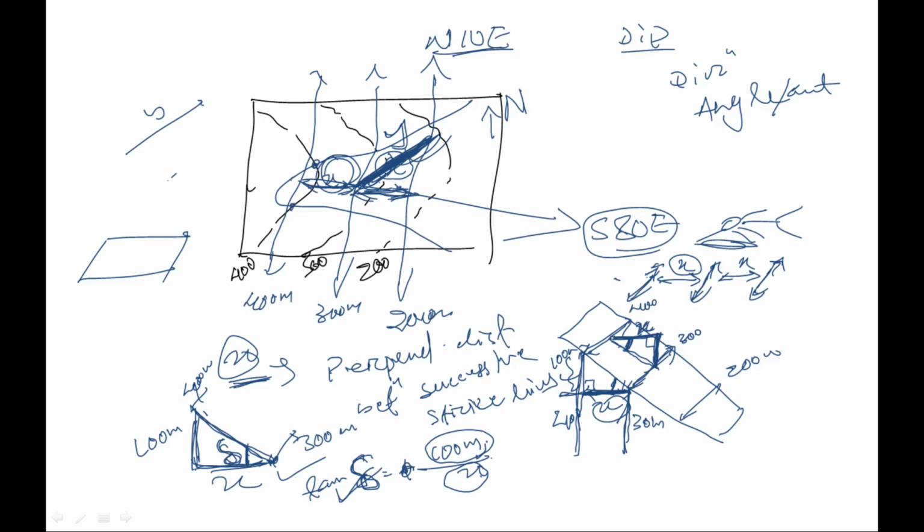Again the vertical difference: this point has a value of 300 meter elevation, this point has a value of 400, then you have to join them. Here I have done it: 300 and 200 meter strikes are passing through these two points, which you are watching on the map.